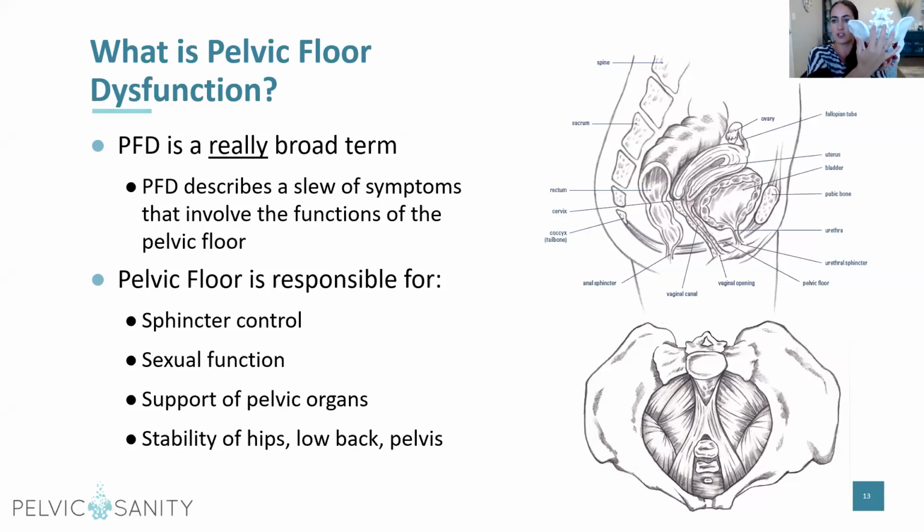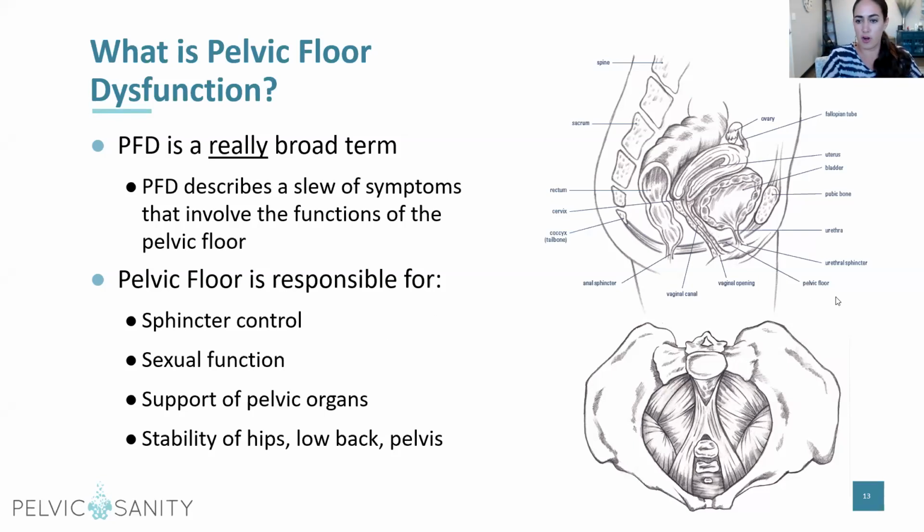So we have the end of our spine here, we have the sacrum here, right? And so these muscles also stabilize the spine. So when they are dysfunctional, they can also cause SI joint pain. They can cause back pain. They can cause sit bone pain here. They can cause pubic bone pain here.